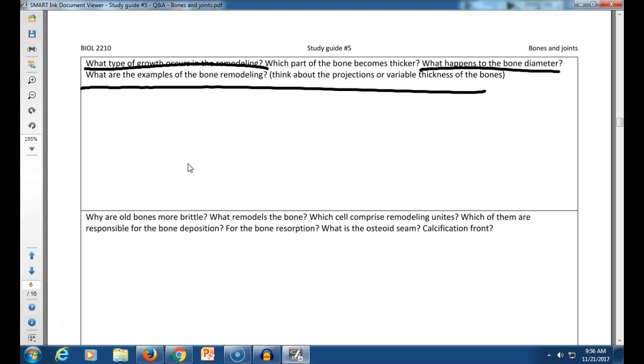Bone remodeling, any projection. Does that make sense? Any projection. Look at this, that's a great example. You see that projection? This is called the mastoid process. It's the site of attachment for several muscles that rotate your head. Scalenes and sternocleidomastoid muscles.